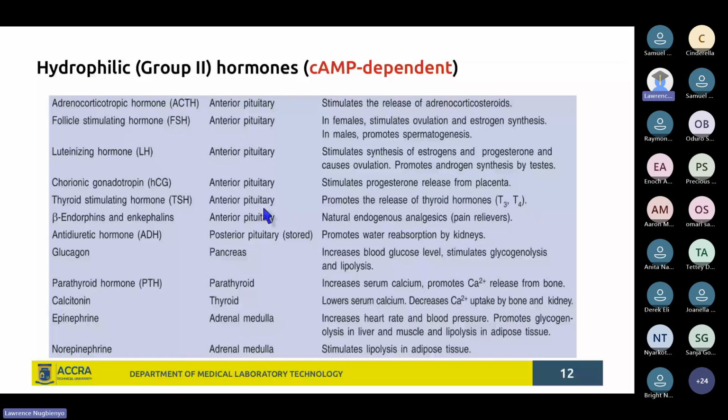And you have the functions there. The adrenocorticotropic hormone will stimulate the release of adrenocorticosteroids.